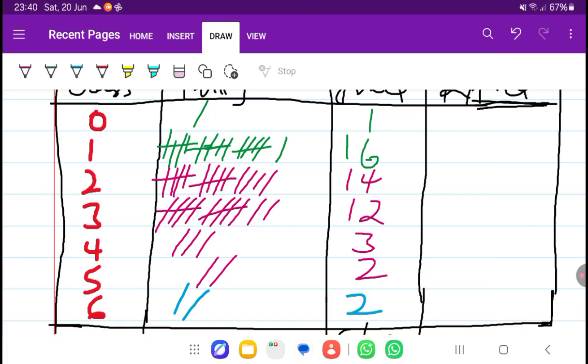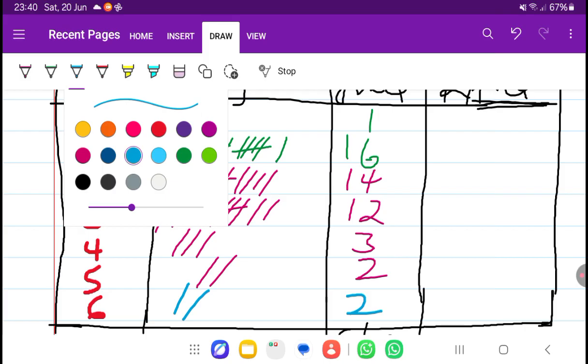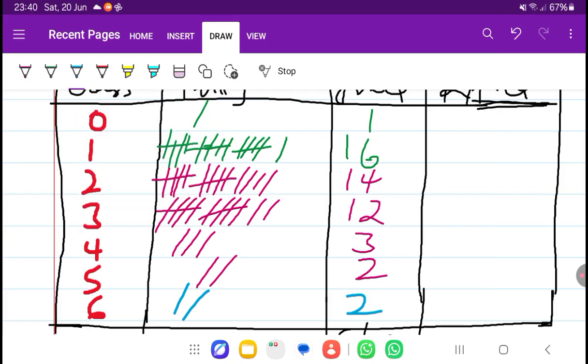So the whole of these ones are 20. Now of course this one, 16 plus 14, that is 30. 30 plus 20 becomes 50. So we see that what we have got was right. That is the total frequency that we had written there earlier.